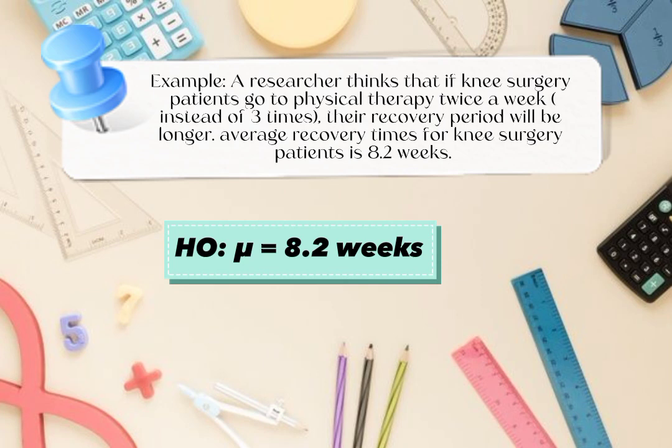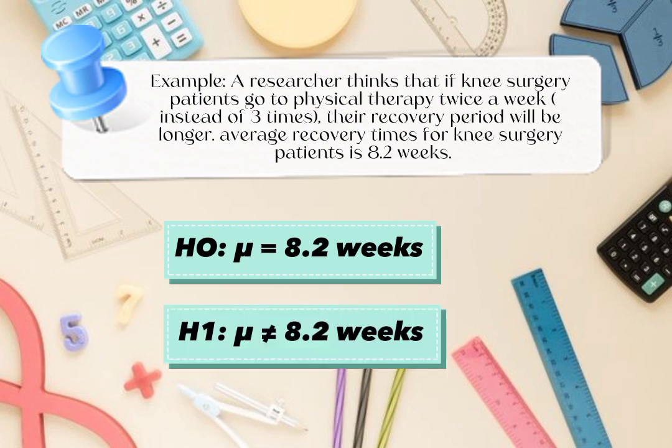So now, let's construct our H0 or null hypothesis and H1, our alternative hypothesis. H0: average recovery time for knee surgery is equal to 8.2 weeks, while our alternative hypothesis: average recovery time for knee surgery patients is not equal to 8.2 weeks.